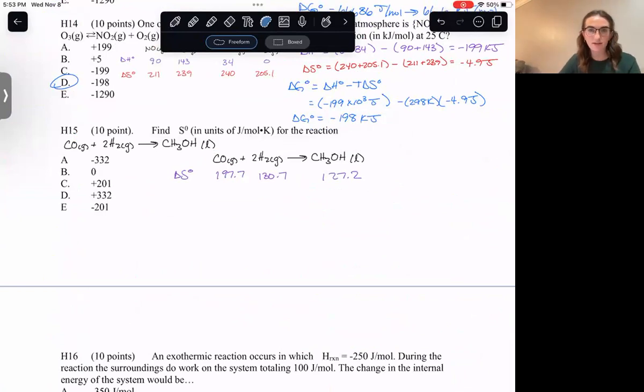Okay, and then we can solve for delta S the way we just solved for delta S in the previous 2 questions. We're going to do the sum of our products minus the sum of our reactants.